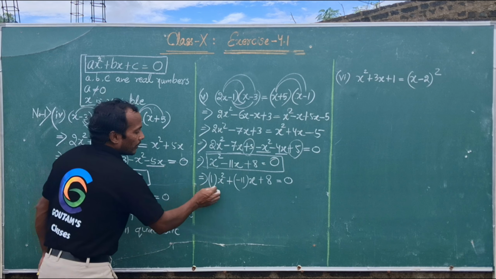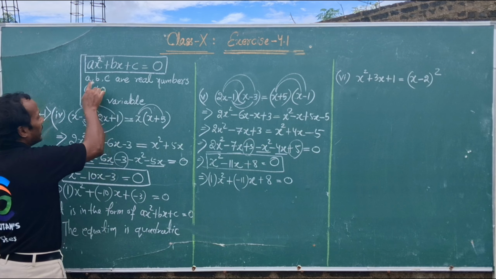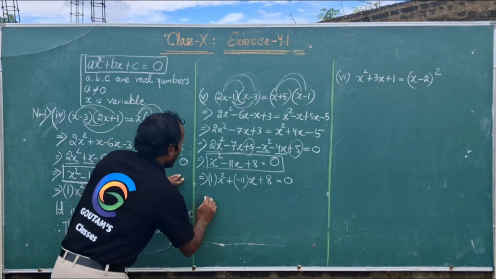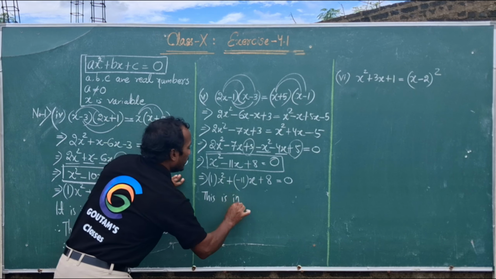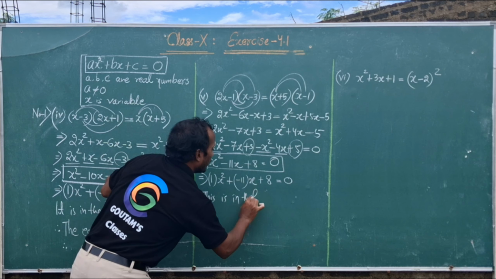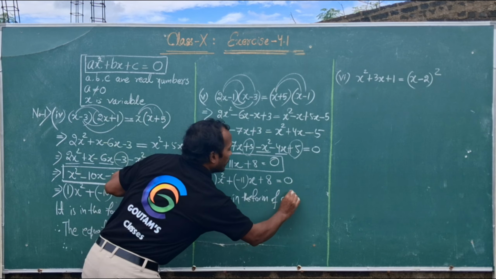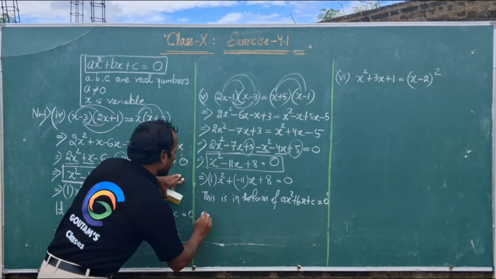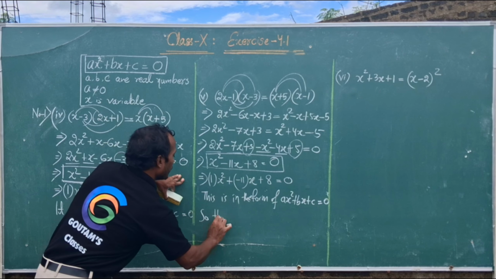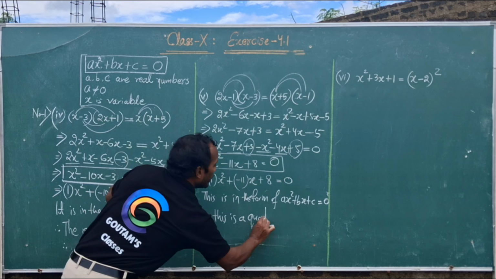Now you can see this matches exactly with this, following the conditions. This is in the form of ax square plus bx plus c equals 0. So this is a quadratic equation.